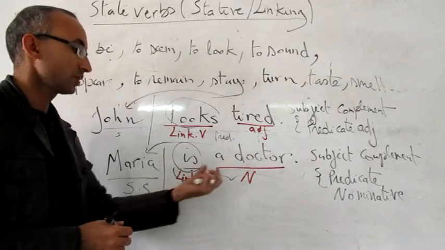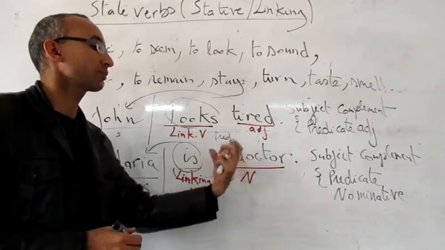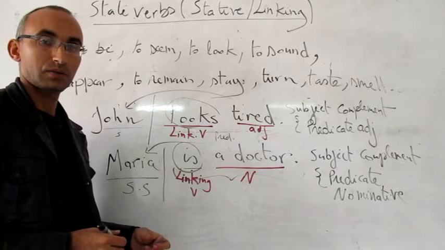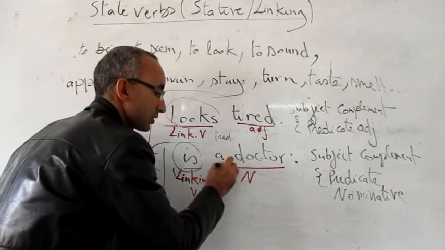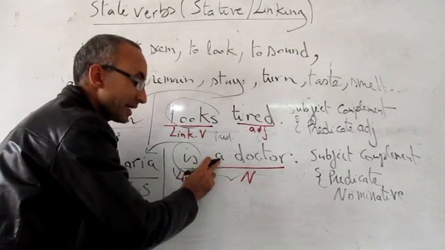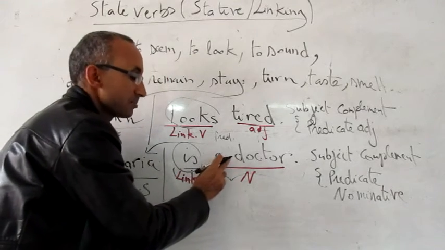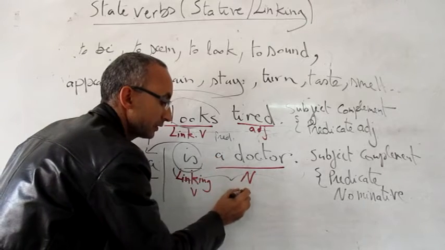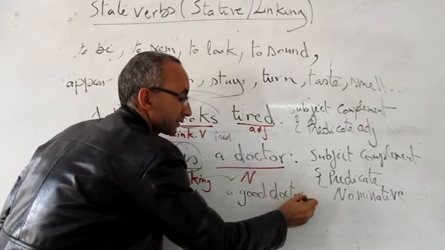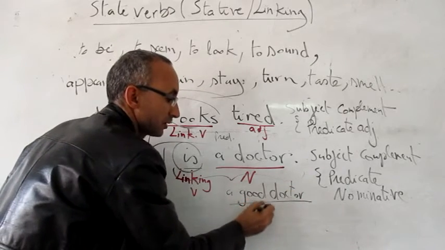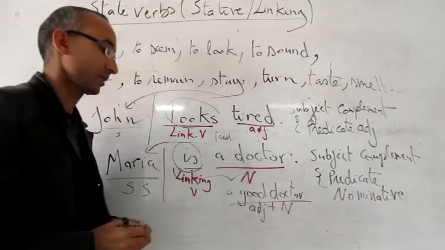Maria is a good and skillful doctor. Adjective plus a noun. Here the and is also itself adjective. Maria is a good doctor. We have adjective plus noun, a noun phrase.